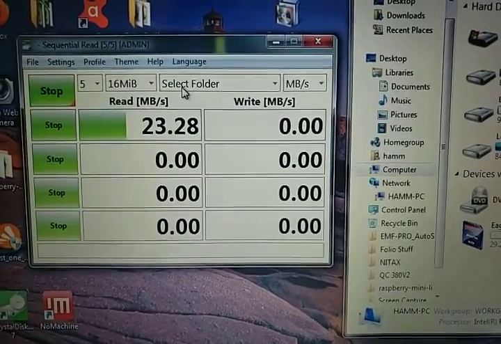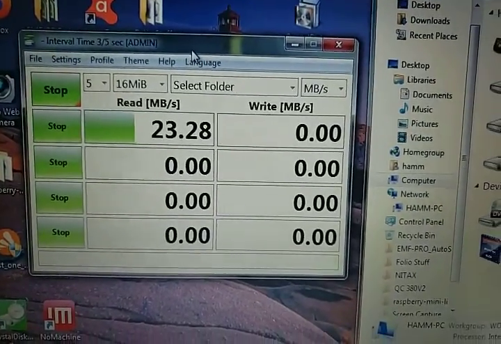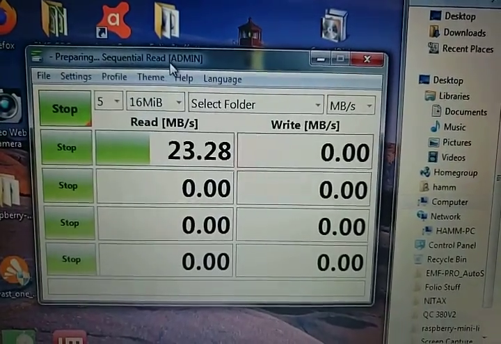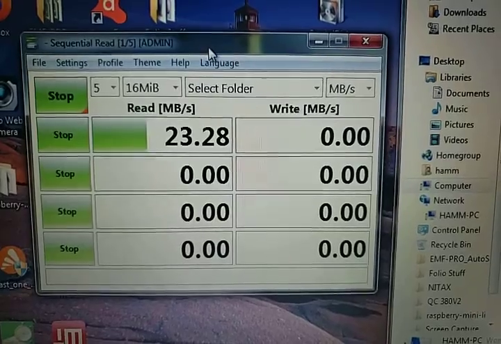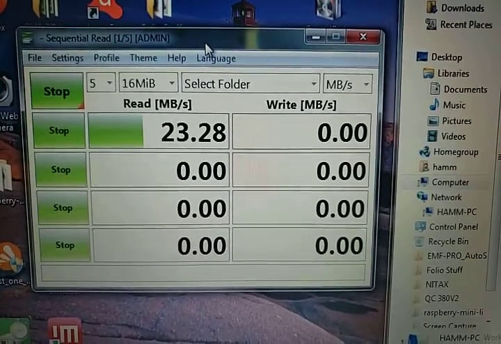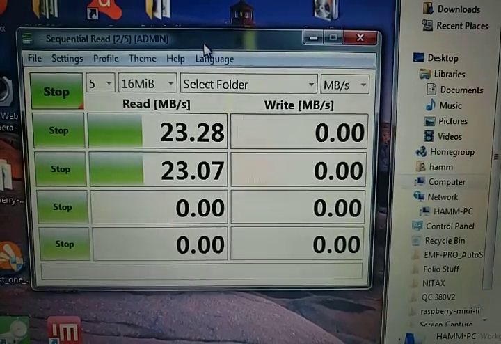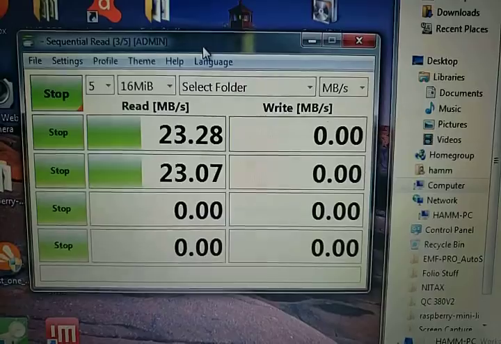And as you can see, it takes a long time to do it. So the microSD cards are defective, most likely. Now it's preparing sequential read. That would be a little lower than that. I know, it's the same. We're in the read.